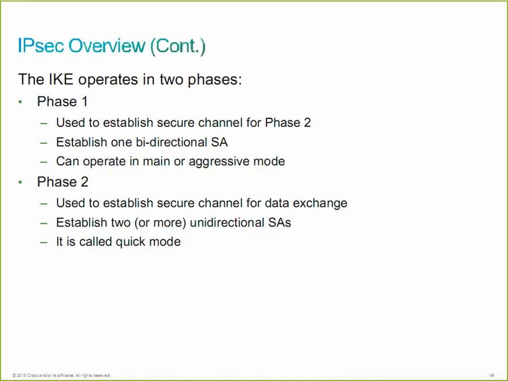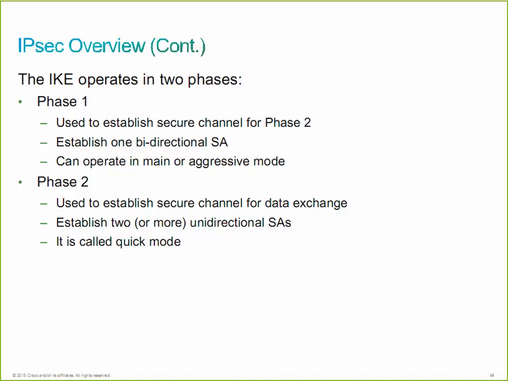Phase 2, the second phase of IKE, is what allows us to negotiate the IPSec parameters, or the IPSec SAs, between the matching peers that are communicating. IPSec is the encryption phase. Oftentimes we call this the bulk encryption phase. The goal of Phase 2 is to establish that secure channel for the actual data exchange.